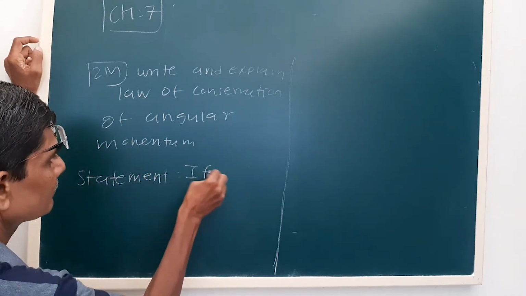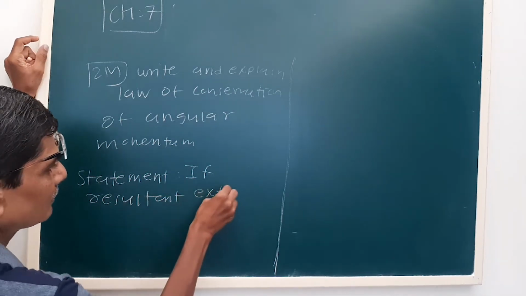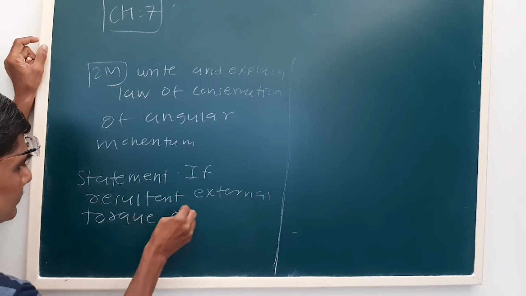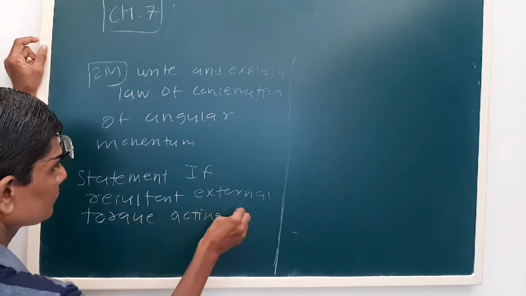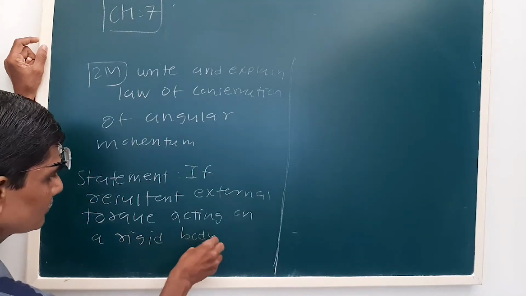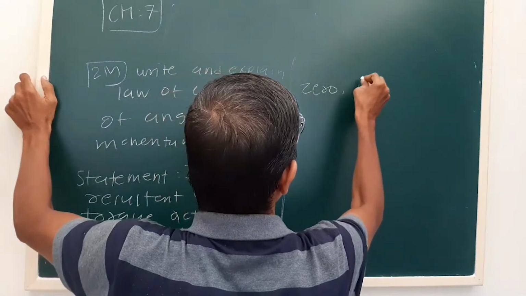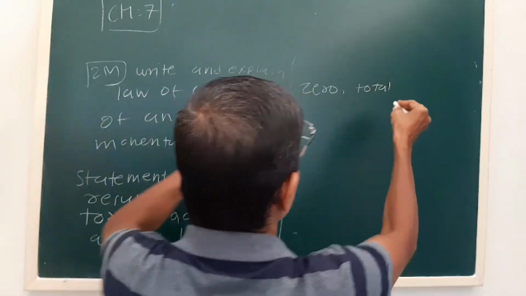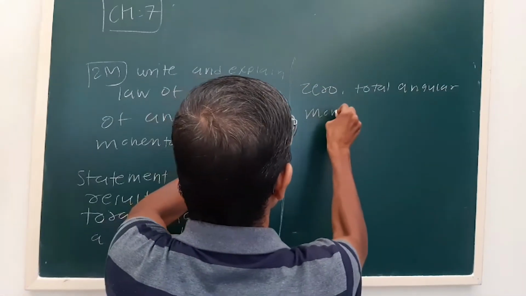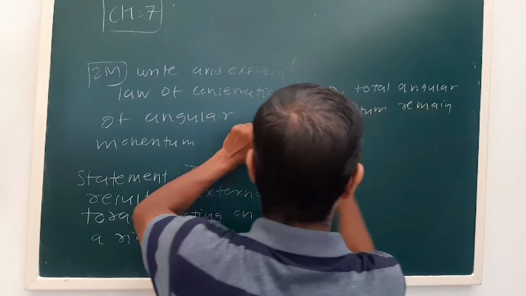Okay, if resultant external torque acting on a rigid body is 0, total angular momentum remains constant.